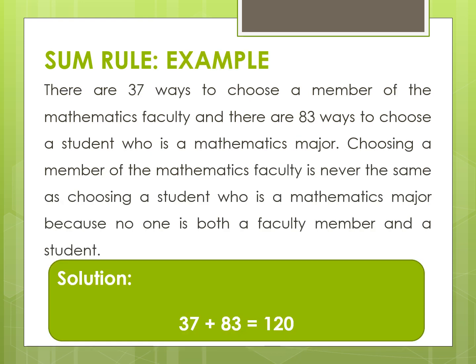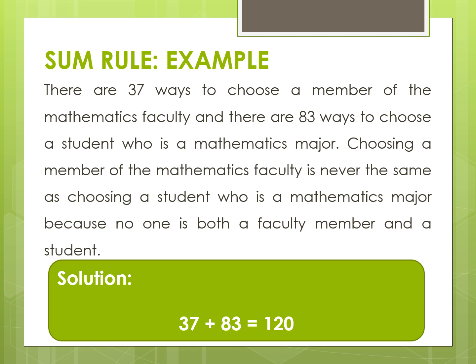Another example: there are 37 ways to choose a member of the mathematics faculty, and there are 83 ways to choose a student who is a mathematics major. Choosing a member of the mathematics faculty is never the same as choosing a student who is a mathematics major, because no one is both a faculty member and a student.